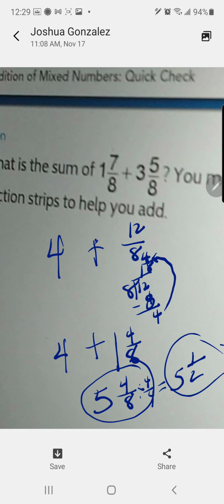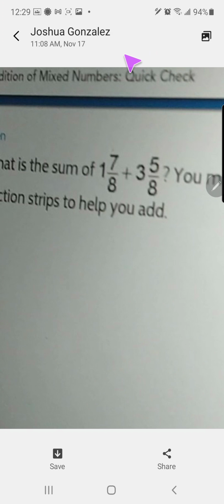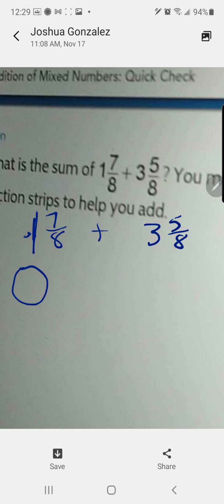Okay, now I'm going to use models to show you how that works. All right, so let me erase that. We've got 1 whole and 7/8 over here plus 3 and 5/8 over here. We need 1 whole over here, so I'll represent that using 1 circle. And then we still need to represent 7/8. So I'm going to break this circle into 8 parts, and I'm going to shade in 7: 1, 2, 3, 4, 5, 6, and 7.